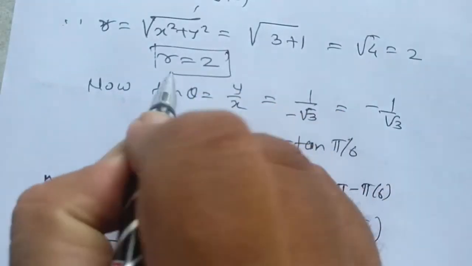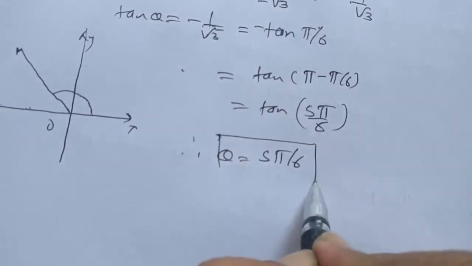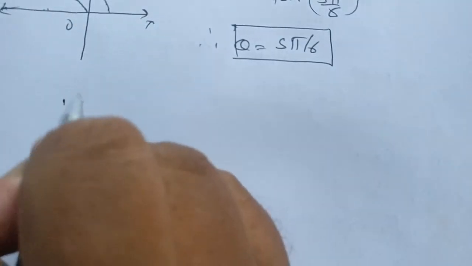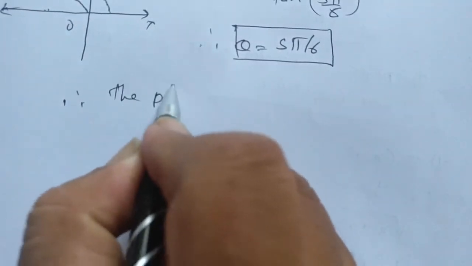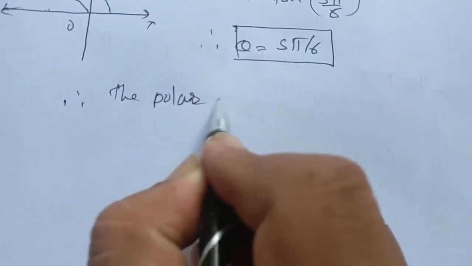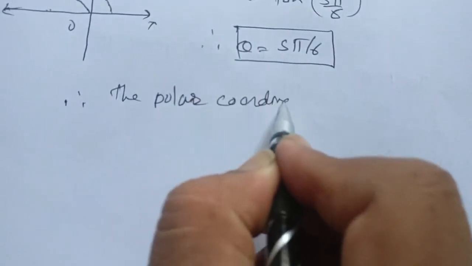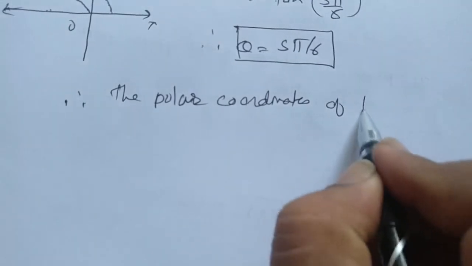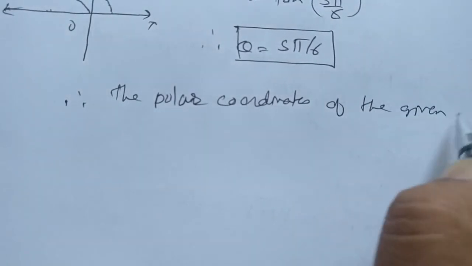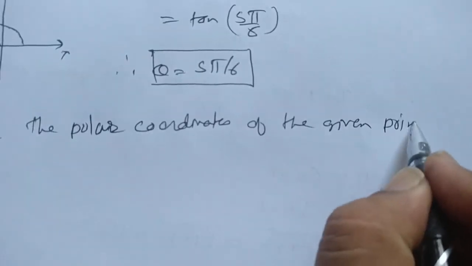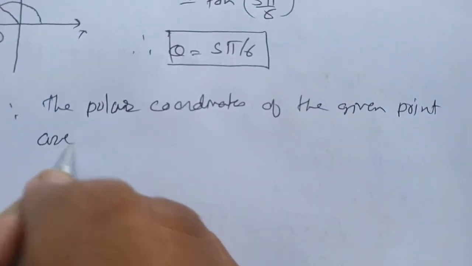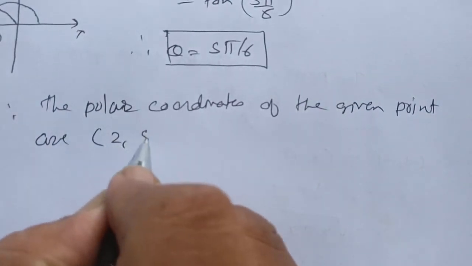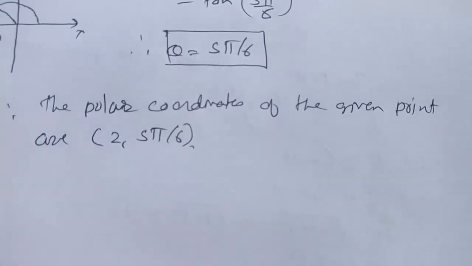So we get r is equal to 2 and theta is equal to 5 pi by 6. Therefore, the polar coordinate of the given point are 2, 5 pi by 6.